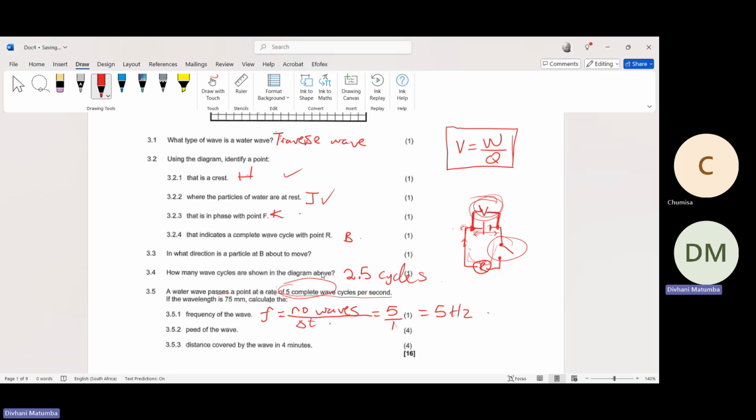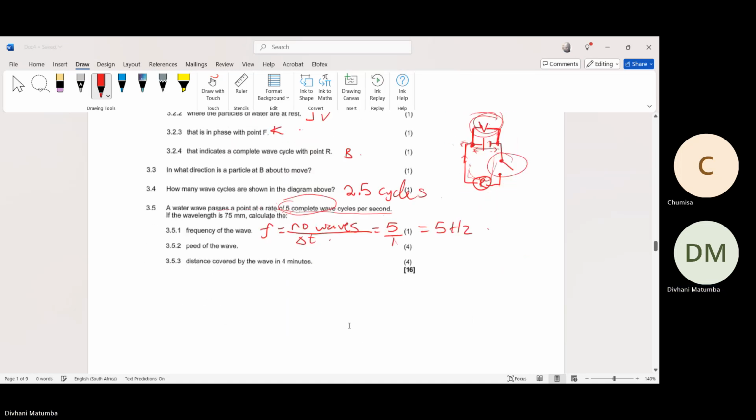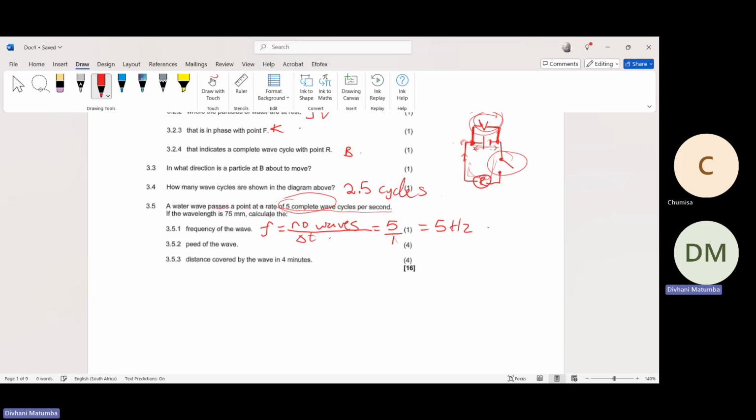Okay. The second question says, what is the speed of the wave? How do we find the speed of the wave? That should be very easy. Which formula is coming to your mind?